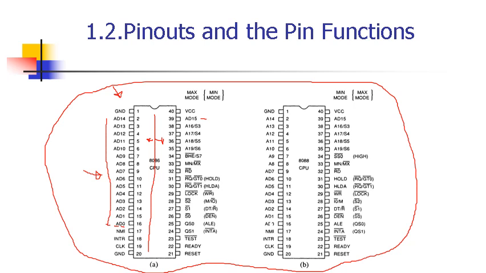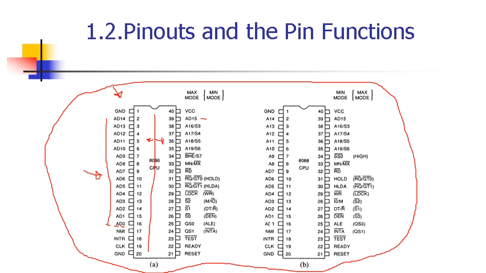Otherwise you would have to include 32 bits if you are to separate the address from the data. If you are to make dedicated pins for the address and dedicated pins for the data, you would have used 32 different pins, but by multiplexing you only use 16 bits.